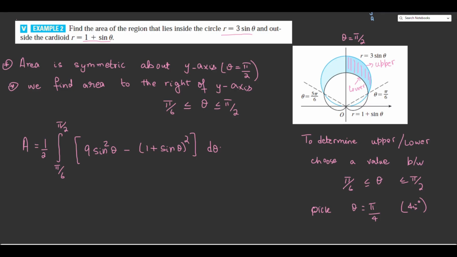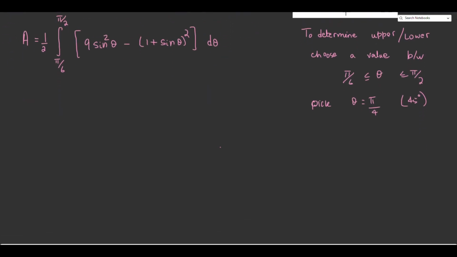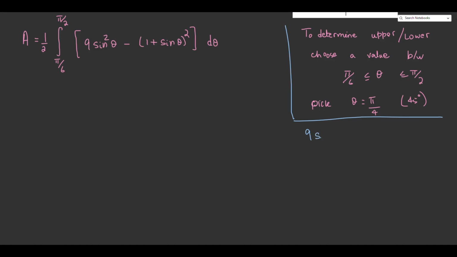Okay, so now we want to integrate this. First we simplify, and after simplification we will substitute and then integrate. But instead of simplifying inside the integral, I will do the simplification separately here and then substitute the answer. So what do we have? 9 sine square theta minus (1 plus sine theta) square.